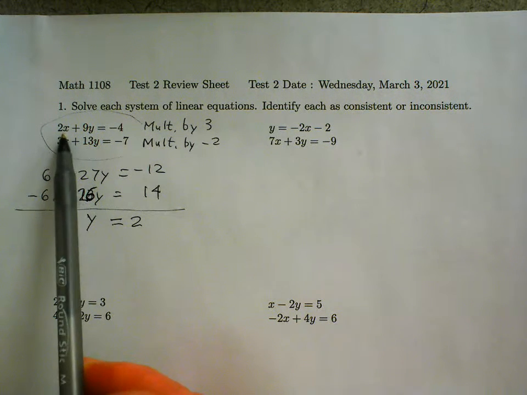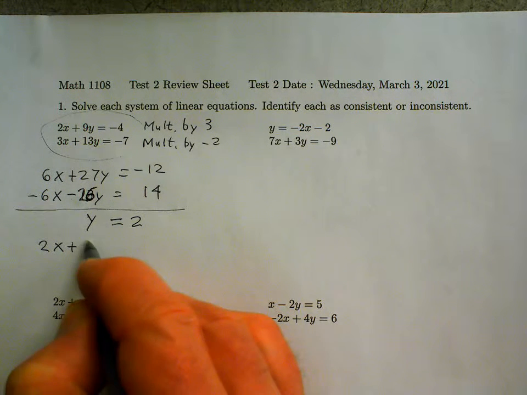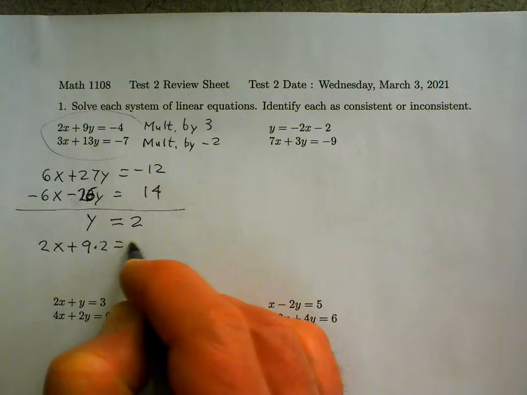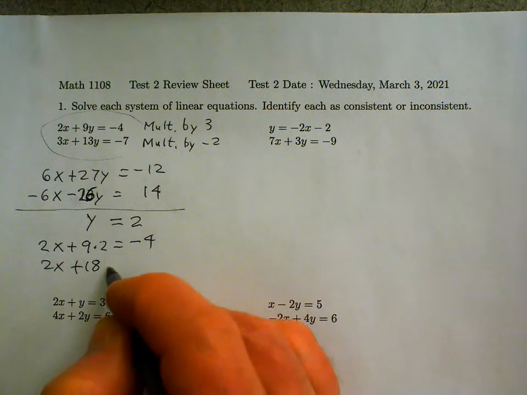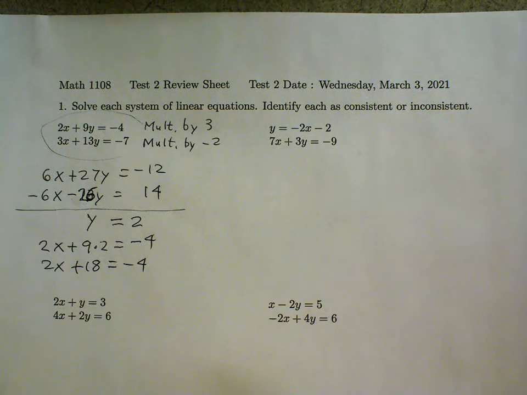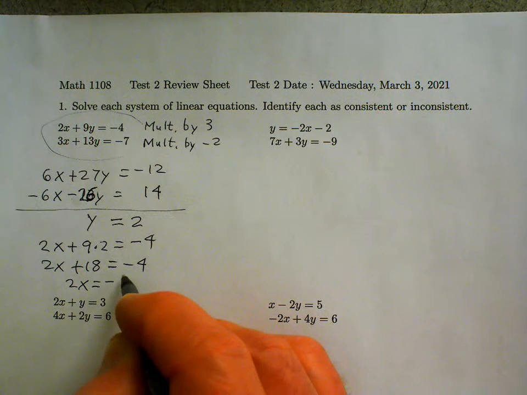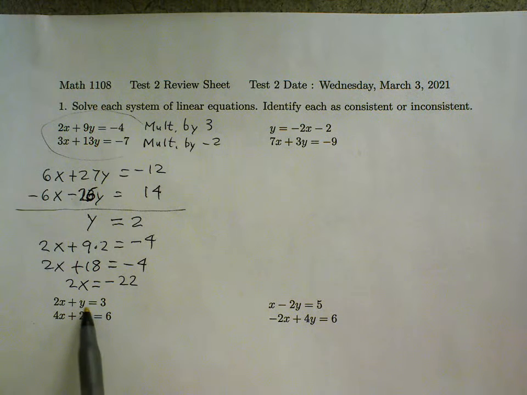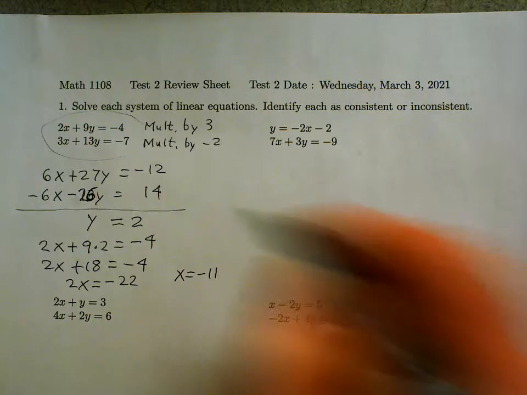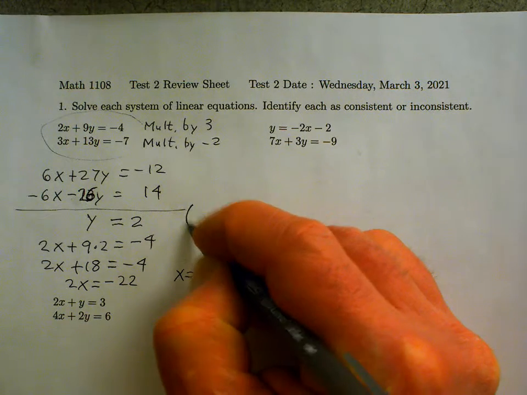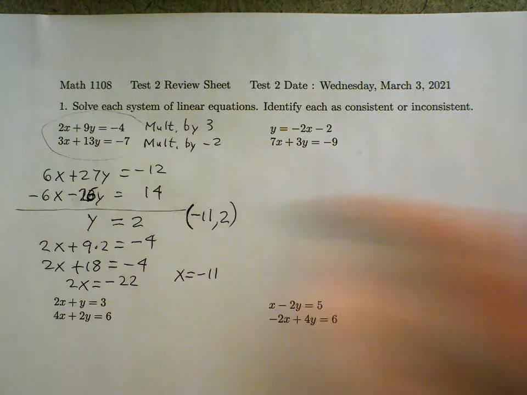I'll use the top equation. So I have 2x plus 9y. I'll replace y with 2. So 2x plus 18 equals -4. And then subtract 18 from both sides, I get 2x equals -22. And divide both sides by 2, I get x equals -11. So the solution as an ordered pair is the x coordinate is -11 and the y coordinate is +2.